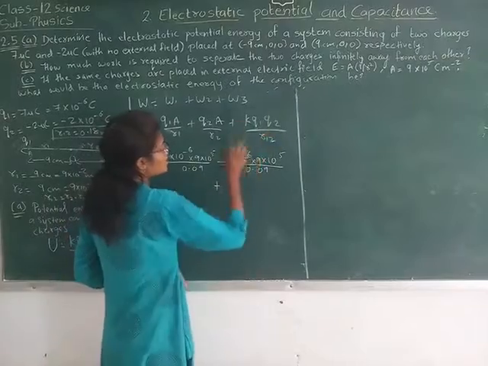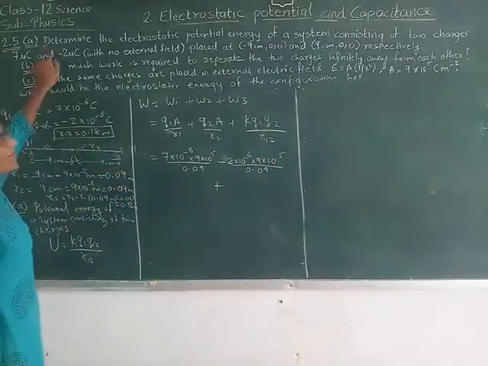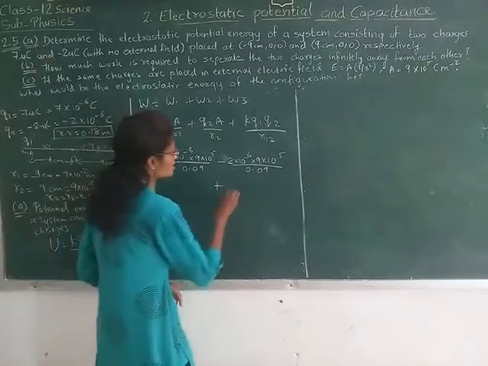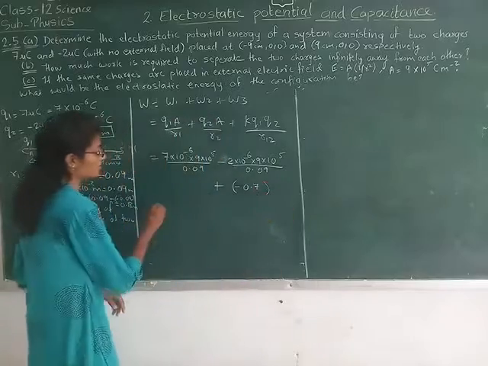Plus this term is nothing but the potential energy that we found for part A of this numerical, which is minus 0.7 joules.